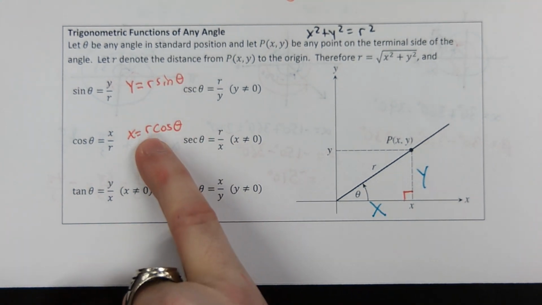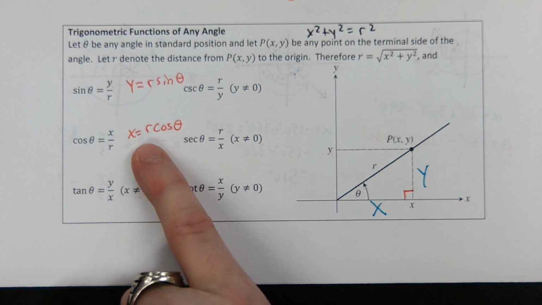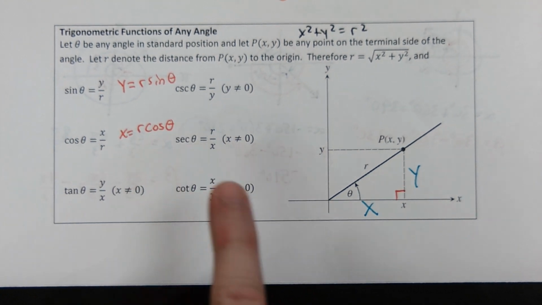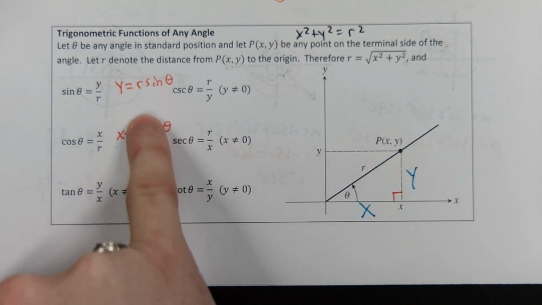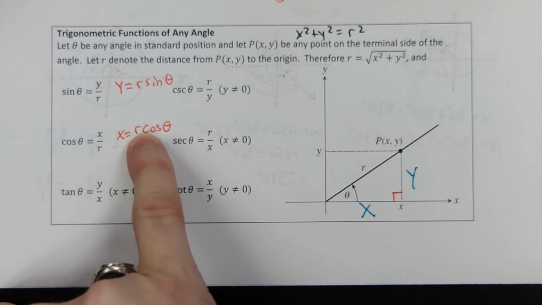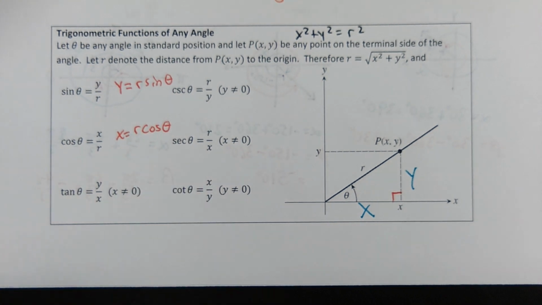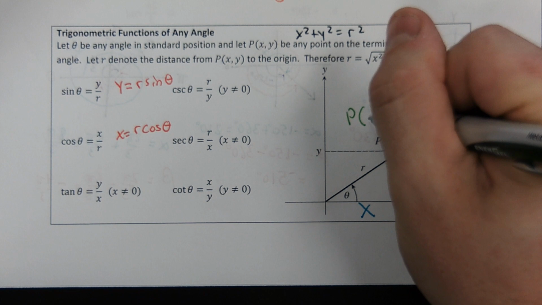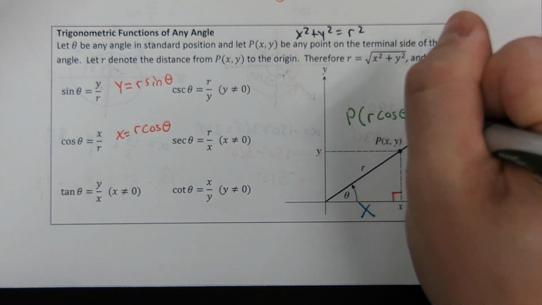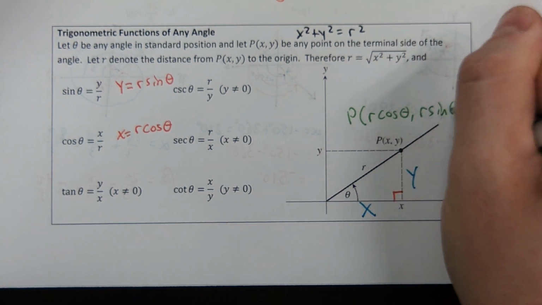Do you know what this allows us to do? It allows us to write any x comma y point using trigonometry, using r and theta. Instead of x comma y, it can be written as r cosine theta comma r sine theta.